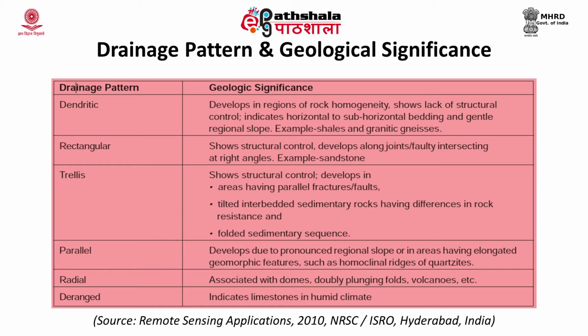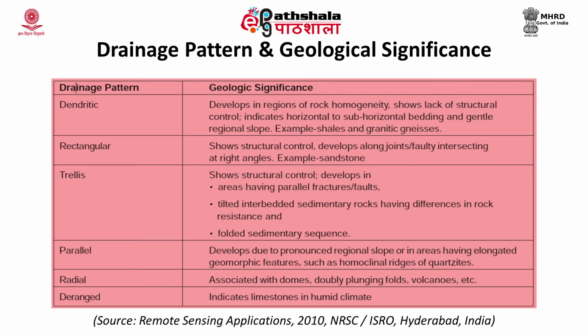For example, if you have a dendritic drainage pattern, the geological significance is that this kind of drainage will develop in a region of rock homogeneity, shows lack of structural control, and indicates horizontal to subhorizontal beddings and gentle regional slope. For example, shale or granitic gneissic rock, in those kinds of areas dendritic drainage pattern will develop. So, based on this drainage pattern, we will get information about the lithology, the rock type.